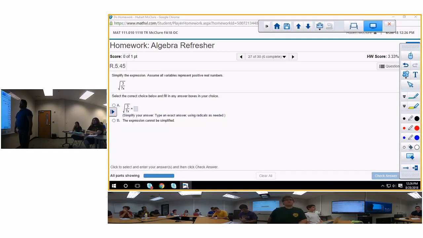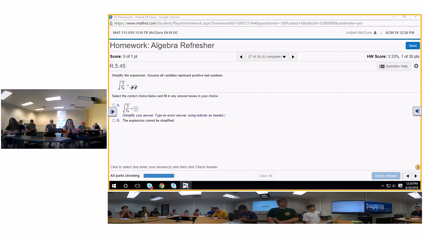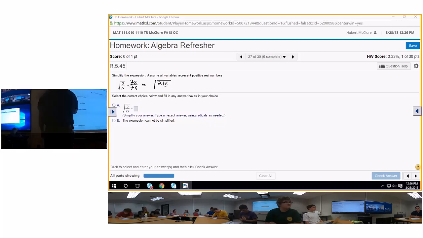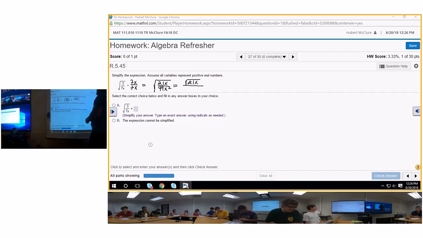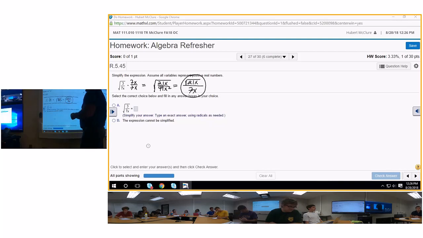So I'm going to basically rationalize, and I'm going to multiply by root 7x over root 7x. And that's going to give me the square root of 21x over the square root of 49x squared. What's the square root of 49x squared? 7x. And that's pretty much going to be the answer.